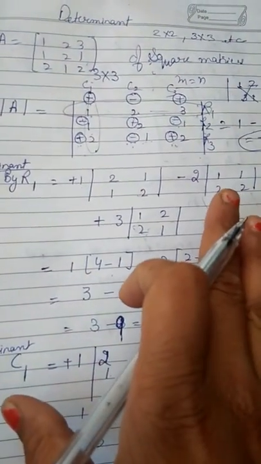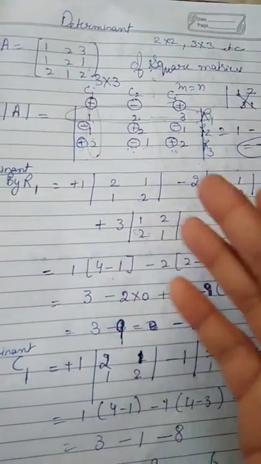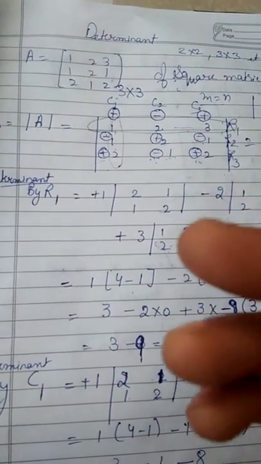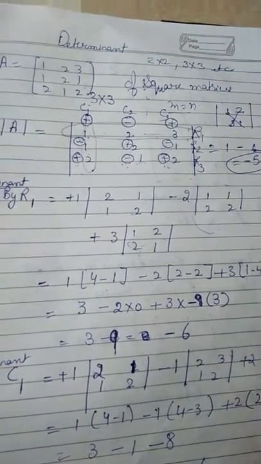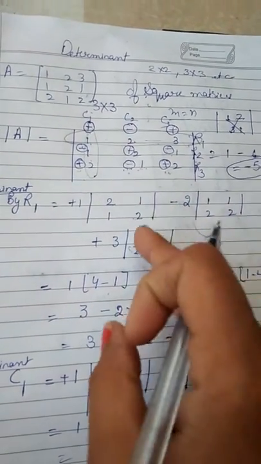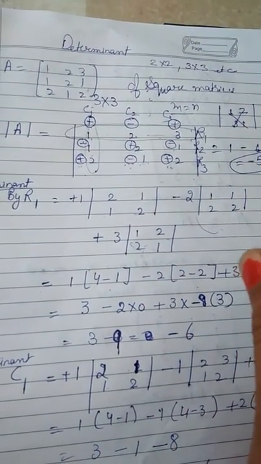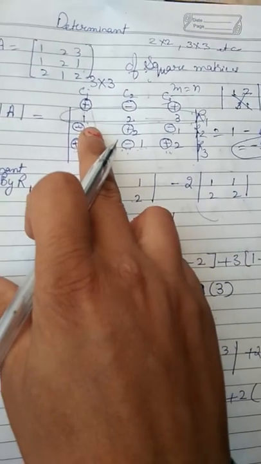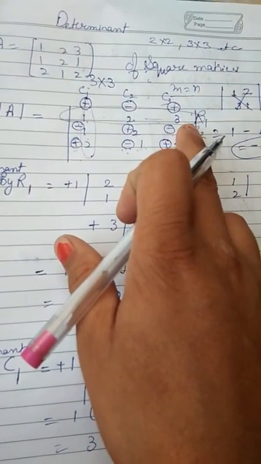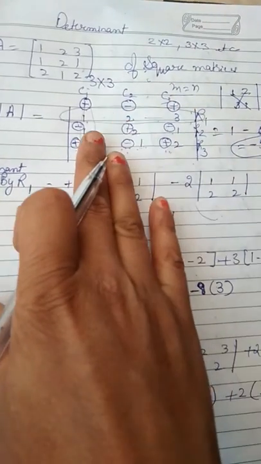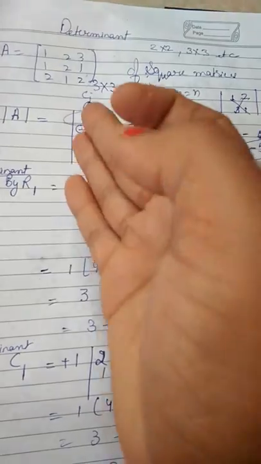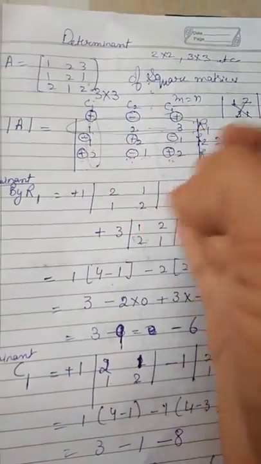We can expand the matrix by row 1, row 2, or row 3, or by C1, C2, or C3. And we know that the value of the determinant is always unique. It means if you calculate the determinant by row 1, we will get the same value if we expand this matrix by C1, C2, or C3.